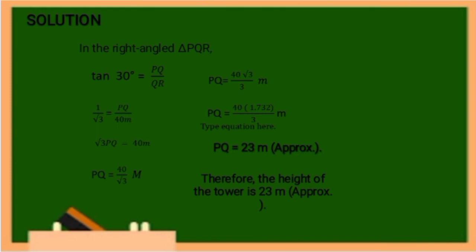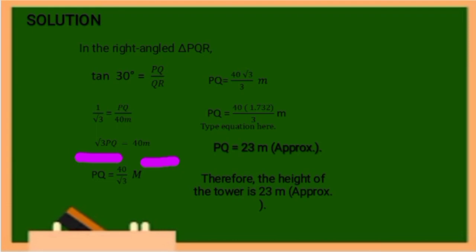So we will use multiplicative inverse. So we have square root of 3 times PQ, and 1 times 40 meters is equal to 40 meters. Then we will use division property.